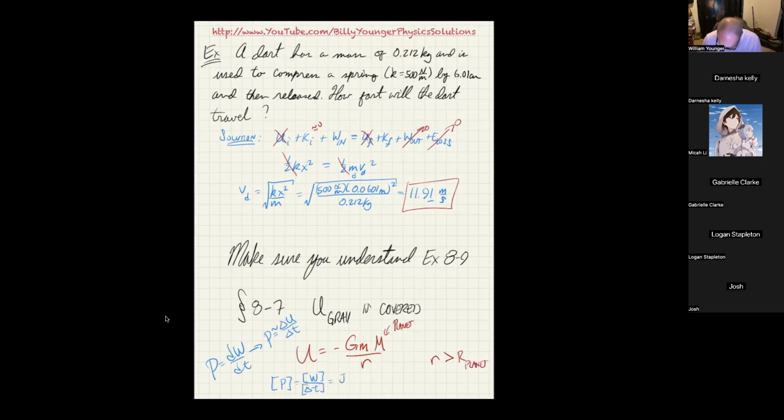So that would be joules per second, which are defined to be watts. That's about all you really need to know about the power part. There are some neat things that come from it. So for instance, P can equal F times V. That's kind of helpful from time to time, but that's pretty much it.